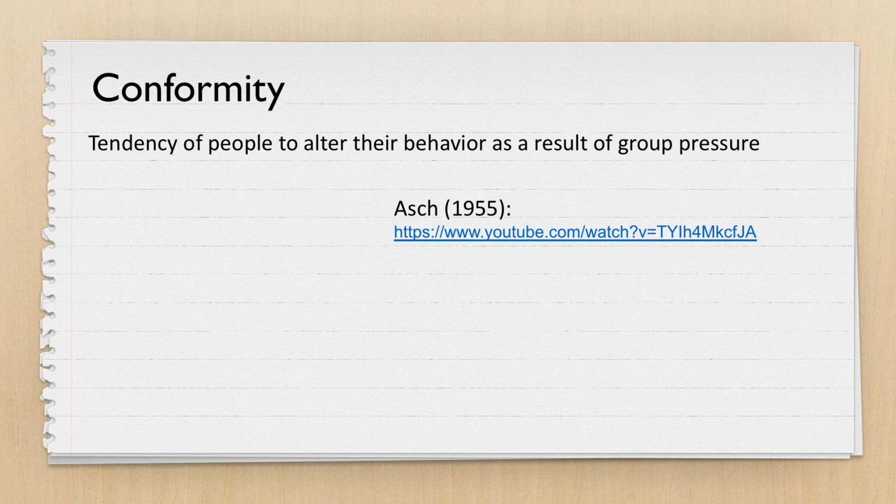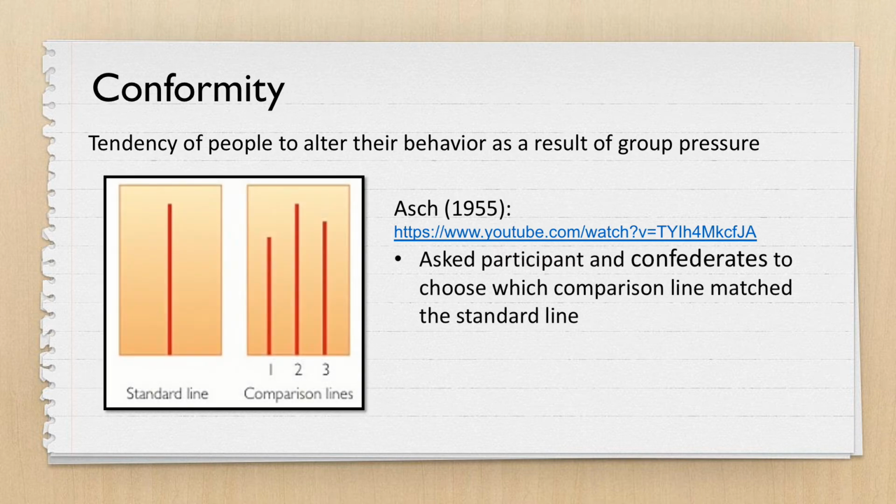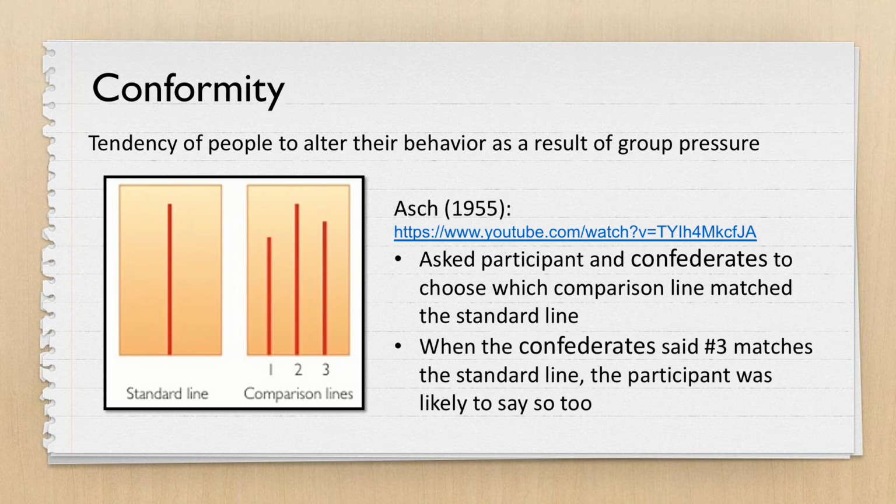During the experiment, participants were in a group of people and they were to compare the standard line with the three comparison lines and choose which one was the same length as the standard line. When the confederates said the third one matched the standard line, the participant was very likely to say so too.